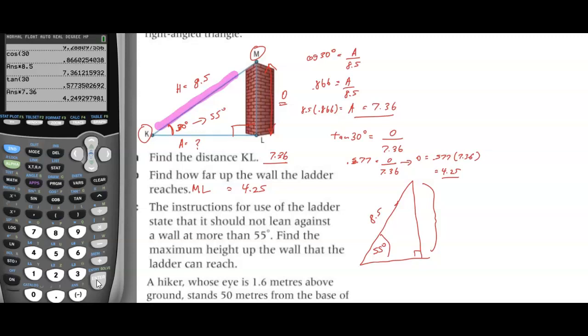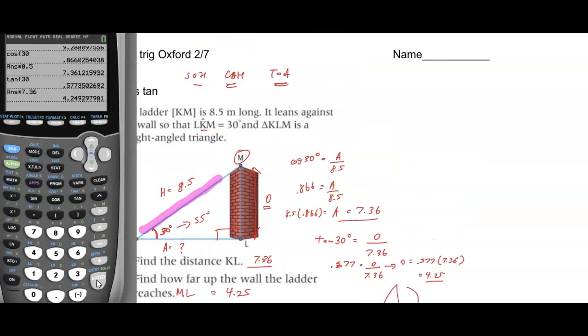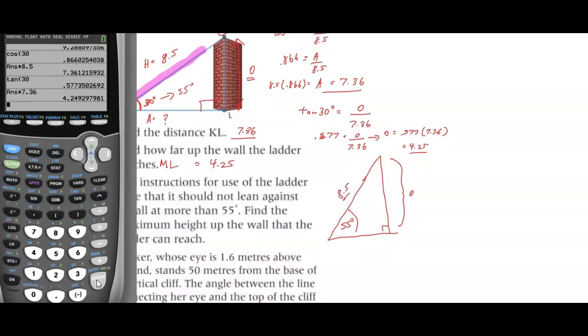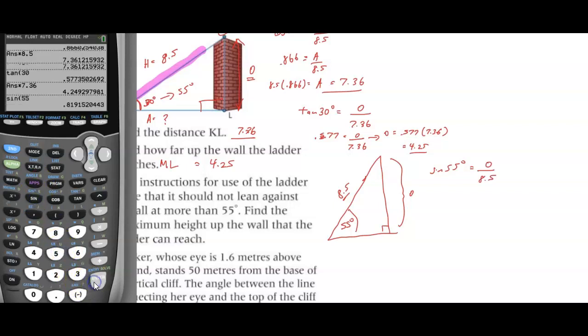So if we know the hypotenuse is 8.5 and we know this is the opposite, we want to use SO, right? SOH. So sine of 55 degrees is equal to the opposite divided by 8.5. Sine of 55, let's do that on the calculator. It's 0.819.